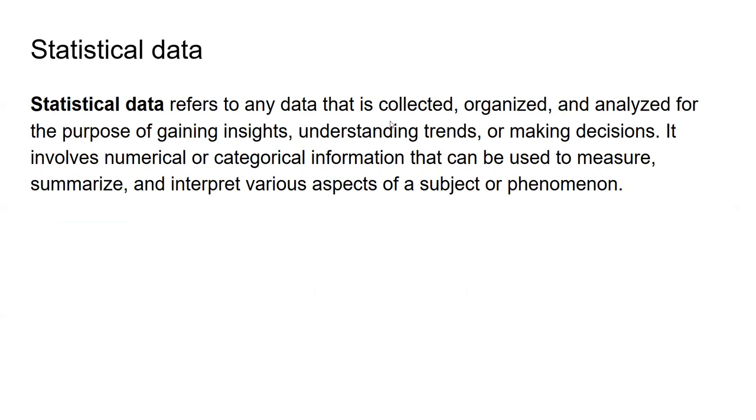It refers to any data that is collected, organized, and analyzed for the purpose of gaining insights, understanding trends, or making decisions. It involves numerical or categorical information that can be used to measure, summarize, and interpret various aspects of a subject or phenomenon.